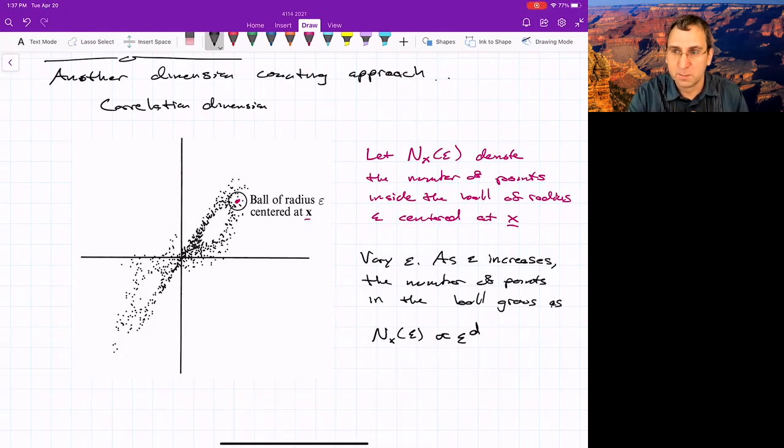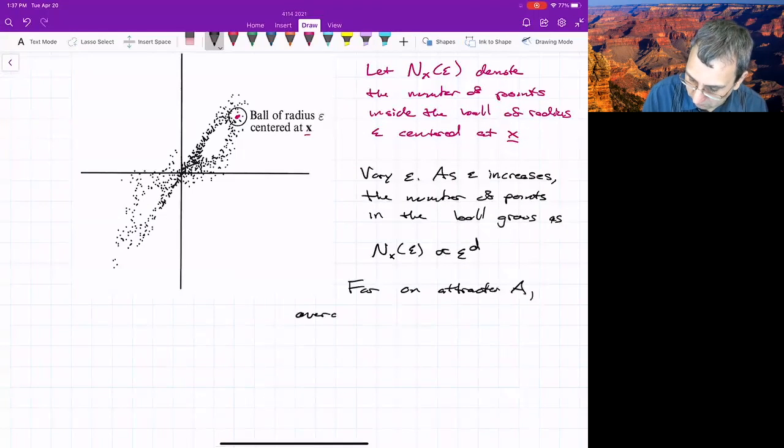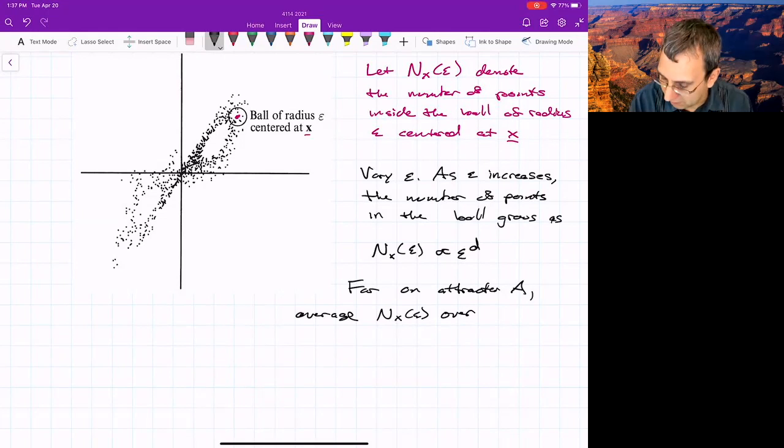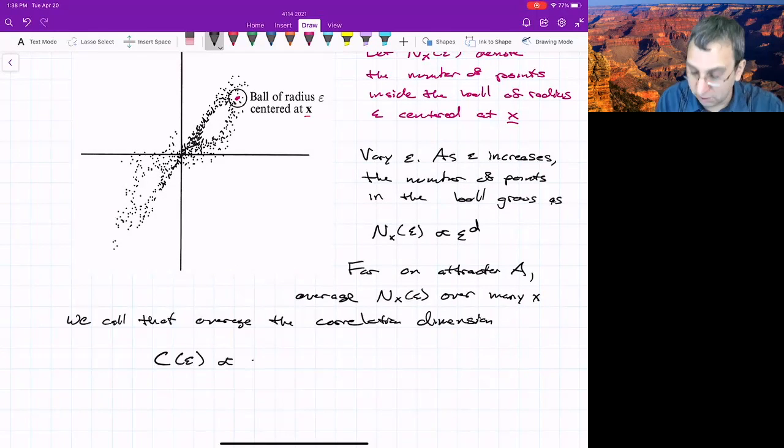If we want to know something about the overall structure, an attractor, let's say, then you'd want to average over x. So for an attractor A, you want to average N_x(epsilon) over many x points. The resulting quantity is called C(epsilon), and this is found to also go as epsilon raised to the D. This D might be different than for any particular point x.